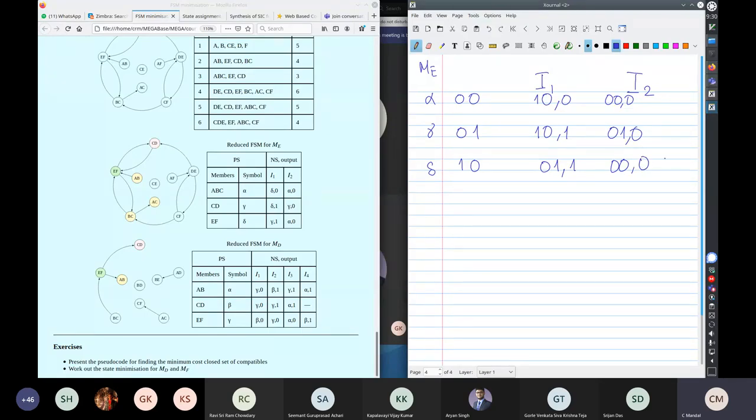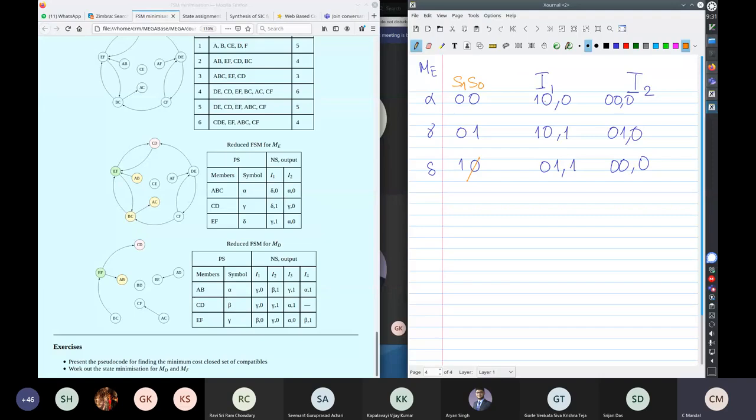Output is 0. All right. So now here I could actually not care about this bit. So I can say this is S1 and S0, right?